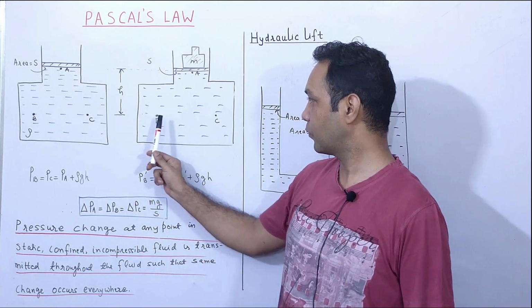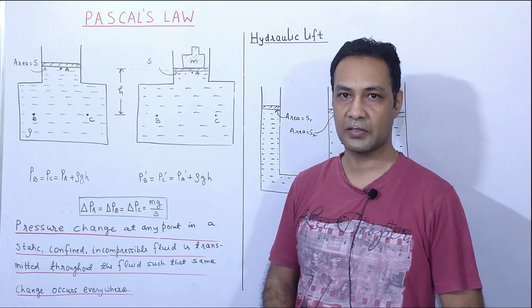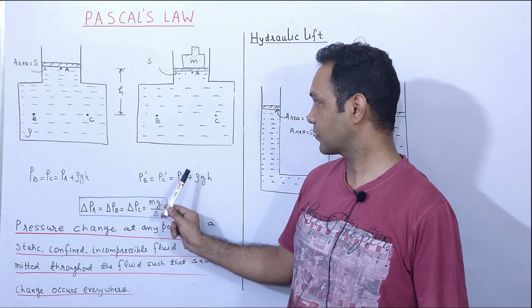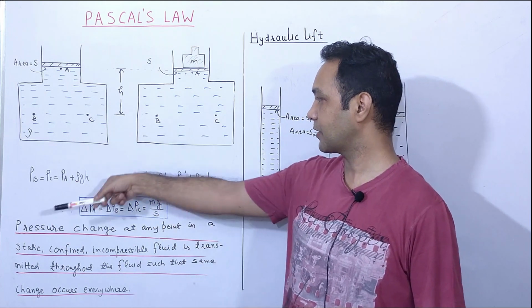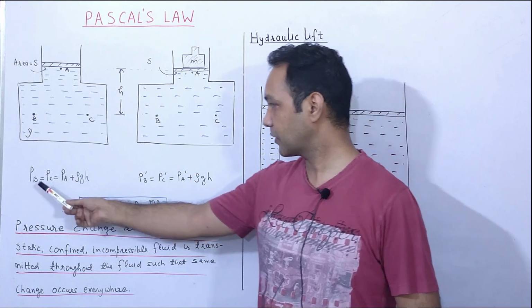If the new pressures at B, C and A are PB dash, PC dash and PA dash, then PB dash equals PC dash equals PA dash plus rho g h, as earlier. Definitely the pressure at A has changed, but they still have the same relation.